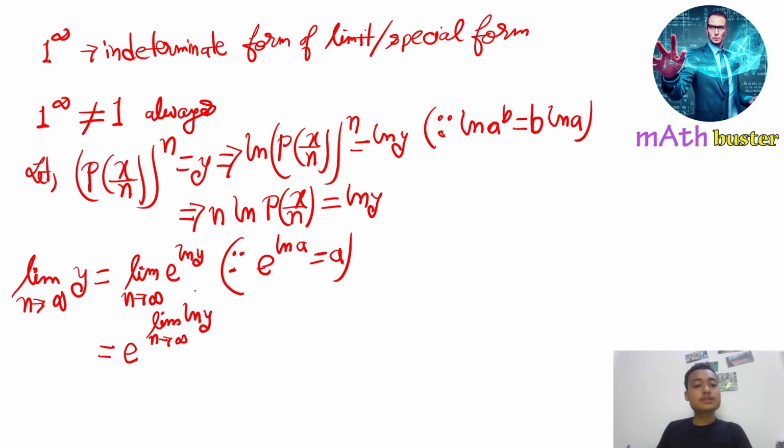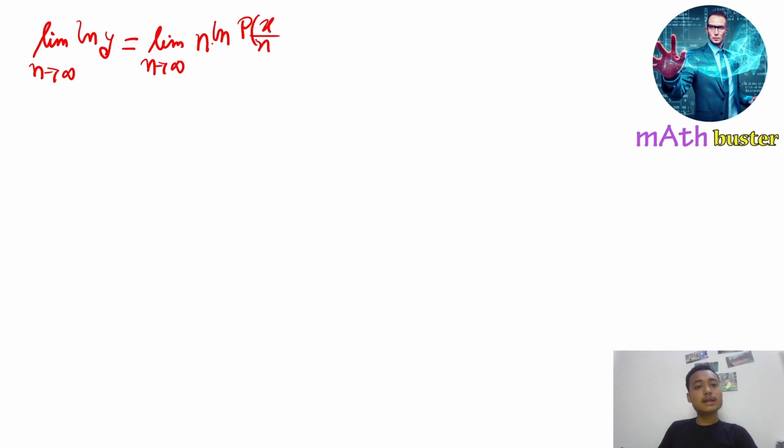Now let us find what is the limit of n tends to infinity of ln y. Now, limit of n tends to infinity of ln y is equal to limit of n tends to infinity of n into ln of p of x by n.